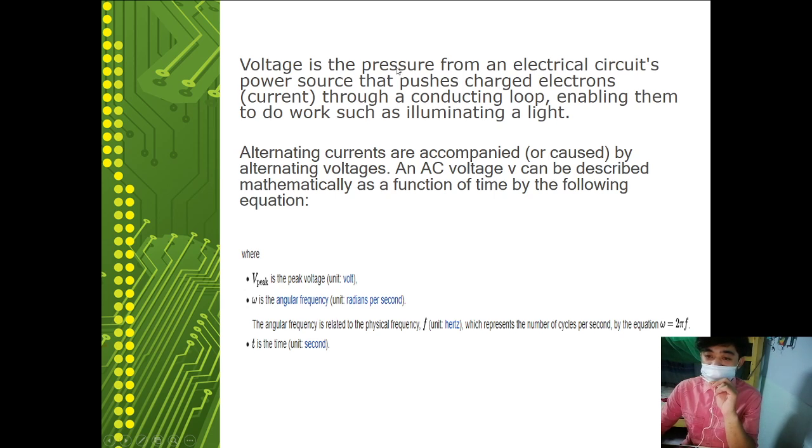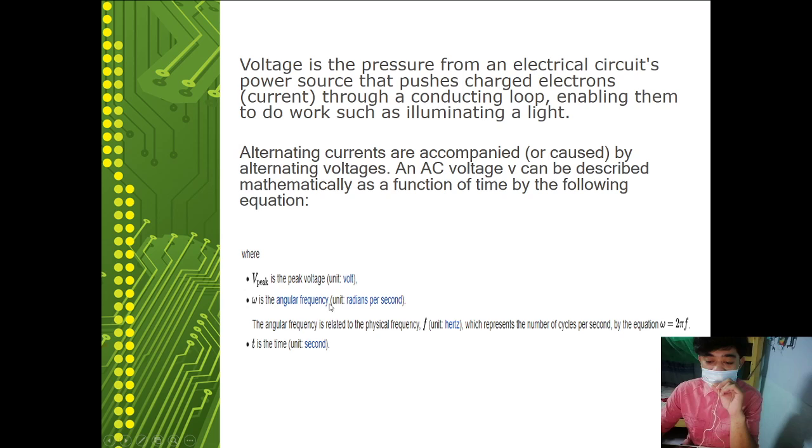Voltage is the pressure from an electrical circuit's power source that pushes charged electrons through the conducting loop, enabling them to do work such as illuminating a light. As I said earlier, alternating currents are caused by alternating voltages, where in the equation V peak is the peak voltage, which has a unit of volt.